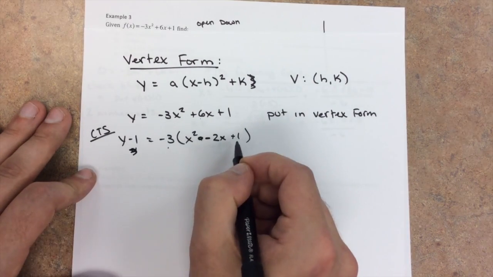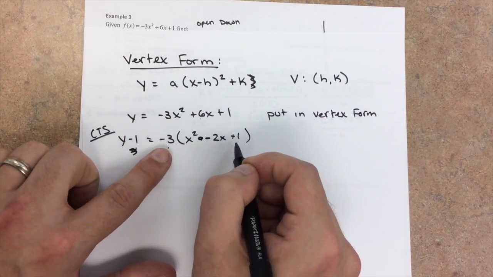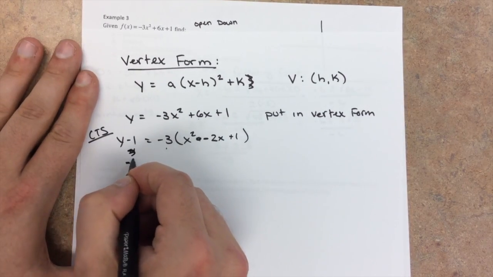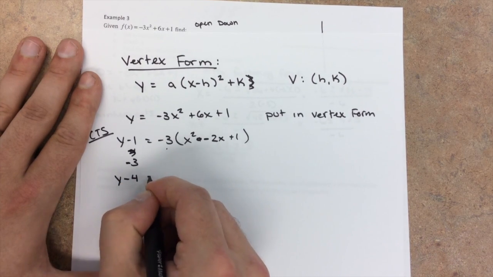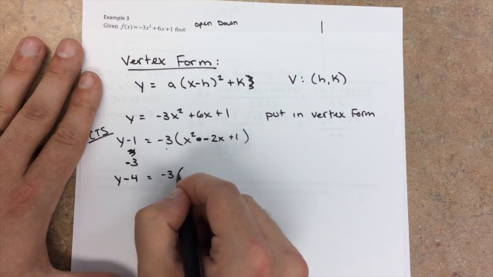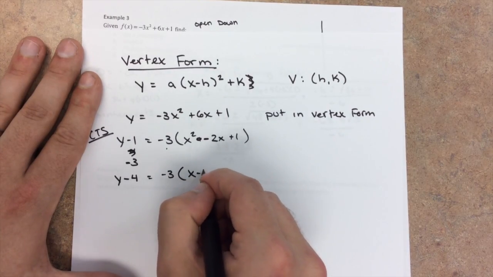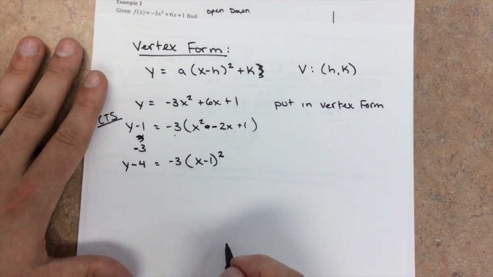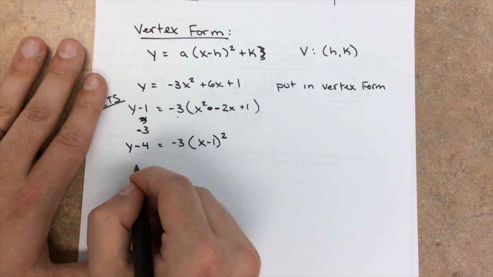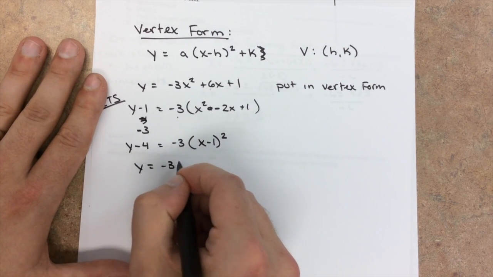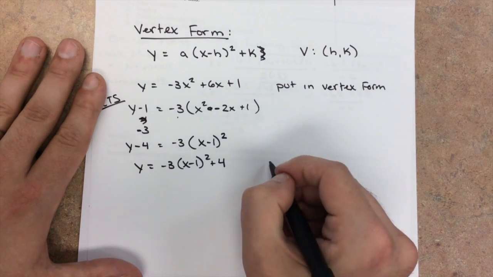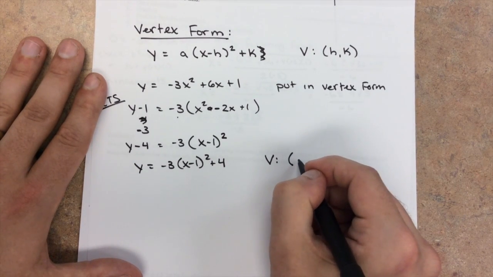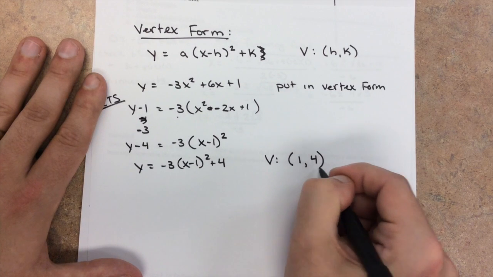That's plus 1 on the inside, which is really negative 3. So I'm going to subtract negative 3 to the other side, which means y minus 4 equals negative 3 times (x minus 1) squared. And to put this completely in vertex form, that's y equals negative 3 times (x minus 1) squared plus 4, where my vertex is at (1, 4).